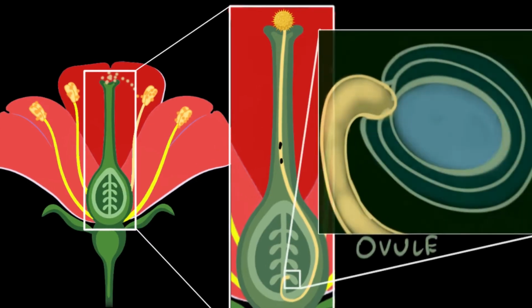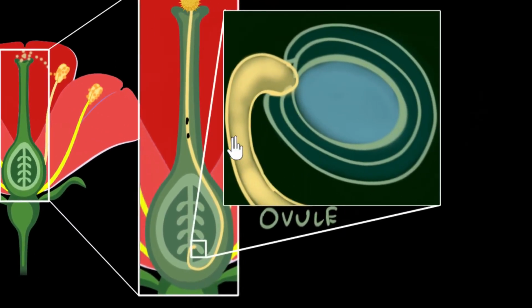So here is the zoomed in version of that ovule. This is that same pollen tube, and this is that single ovule I've zoomed in on. Now, if you look inside the ovule, you'll find the egg cell. That's where the sperms need to reach. But here's the thing, the ovule doesn't only contain egg cells, it also contains some other cells as well.